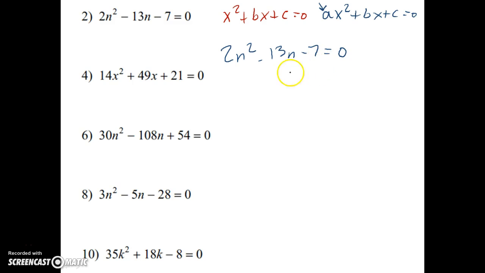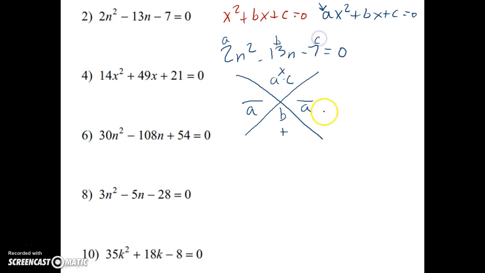So at this point, I'm going to go ahead and factor, and I'm going to use a graphic organizer to help me factor this. I know that if I divide by a on my terms, I multiply by AC, and I add to b, this particular setup is going to help me get to the factors that I need. This is A, this is B, this is C off of our formula.